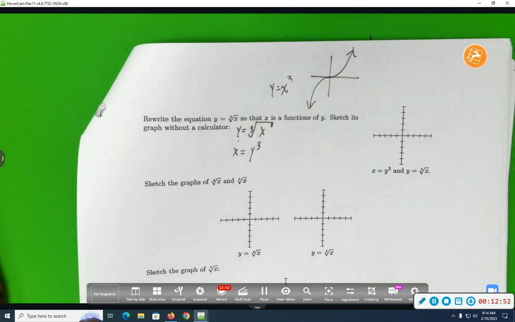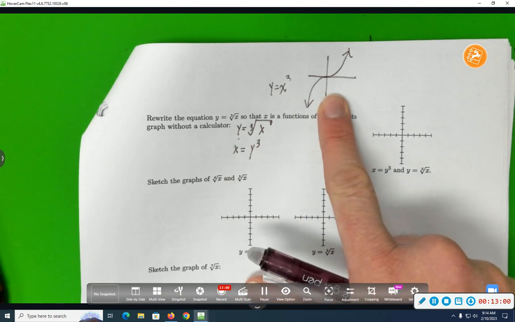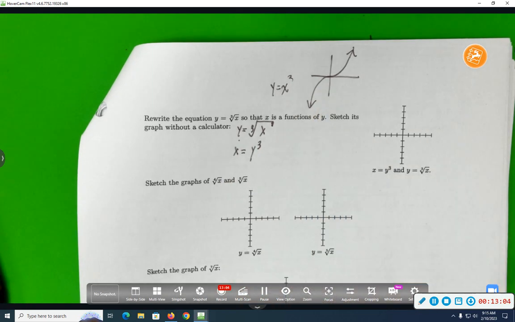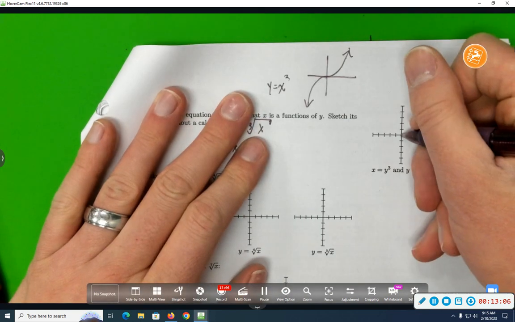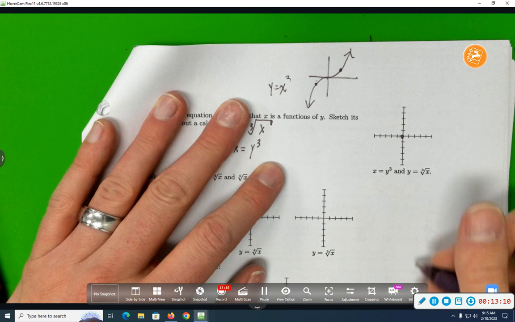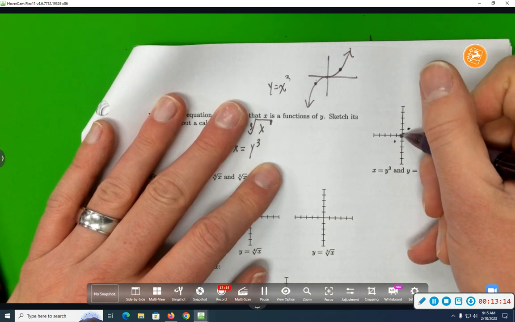Pull out the previous page. If I want the graph of the cube root function, that means I want the graph of x equals y cubed. So I should take exactly this graph, but flip the role of x and y. So this point here at 0, 0 will stay put. These points here at 1, 1 and negative 1, negative 1 will go to the same places.